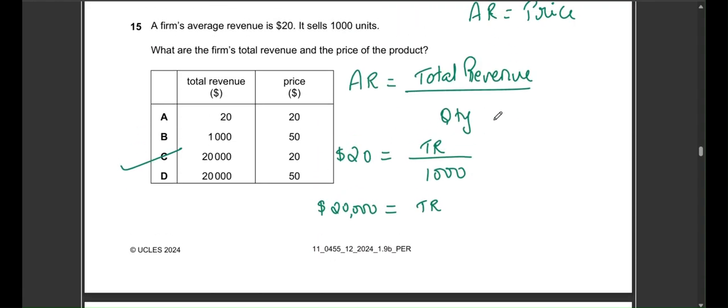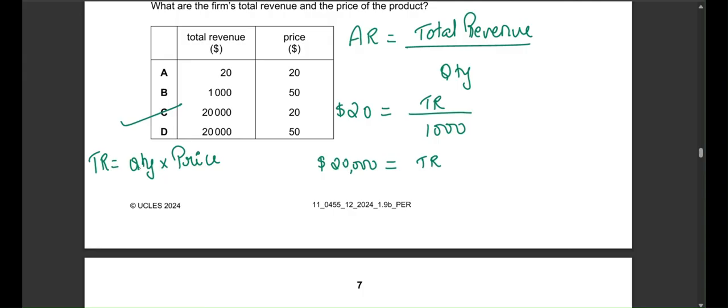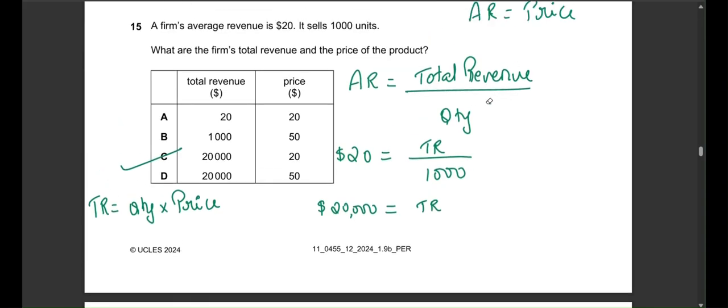Why is your average revenue the price? Now understand over here. What's the formula for total revenue? Total revenue means the total quantity sold multiplied by the price per unit. So I can write total revenue as quantity, the total quantity sold, multiplied by price.